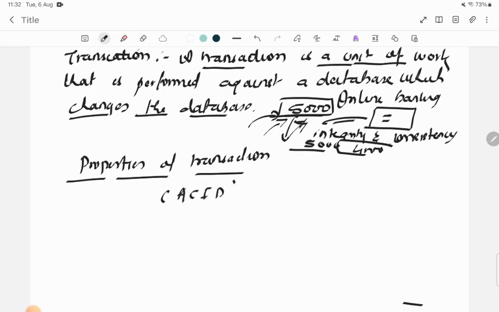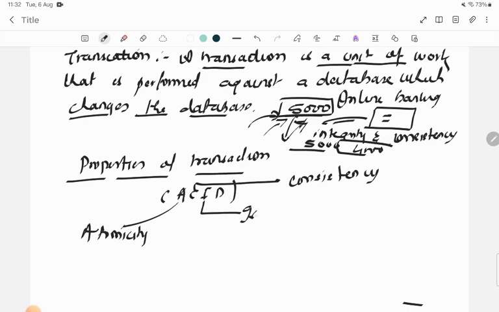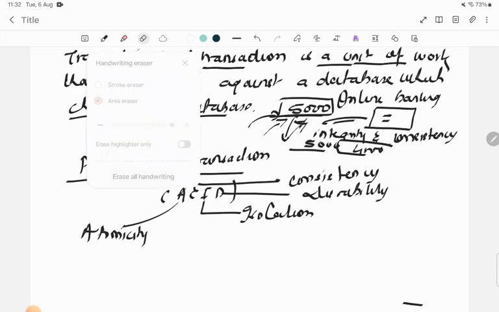The 4 properties of a transaction are named ACID properties, where A stands for atomicity, C stands for consistency, I stands for isolation, and D stands for durability. Okay, so let us talk about all these terms one by one.